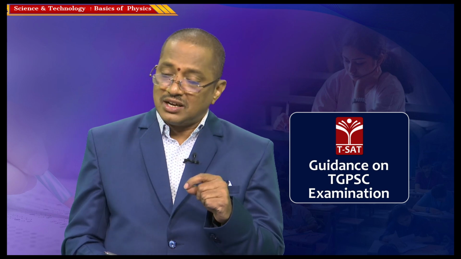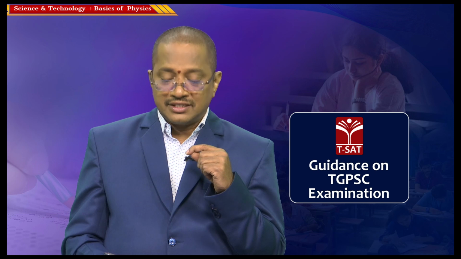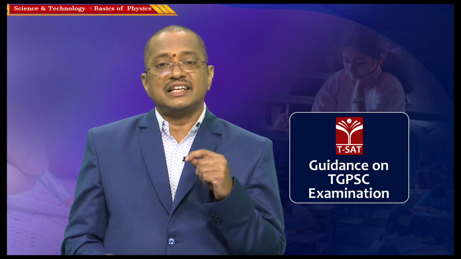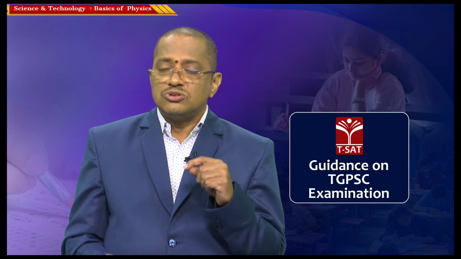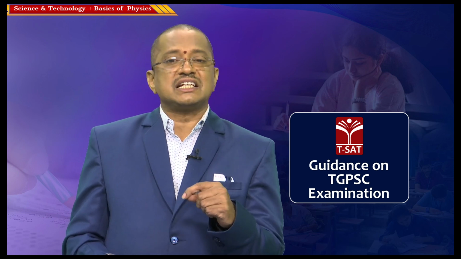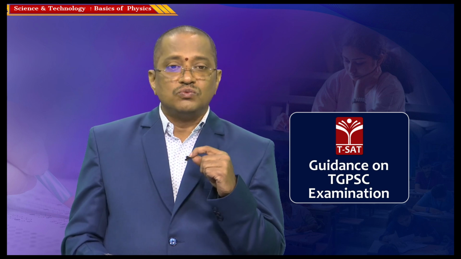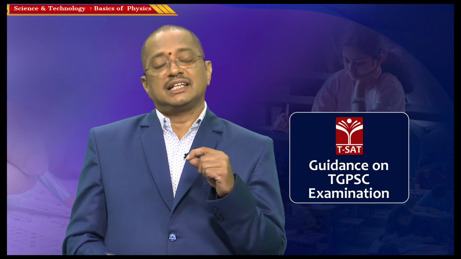E equal to mc square, where m is the mass, c is the speed of light, and E is the energy generated. Conservation of energy means there is no possibility of energy creation or destruction, but you can transfer one kind of energy to another kind of energy.